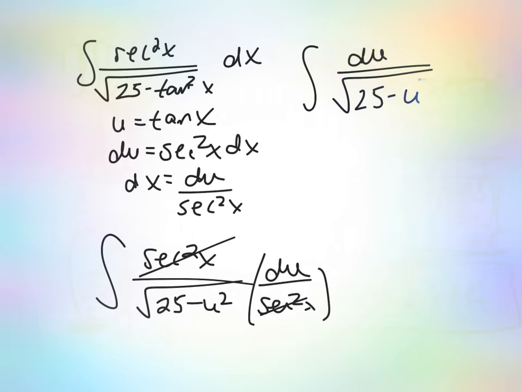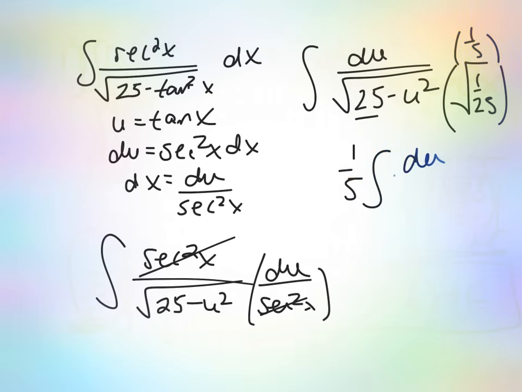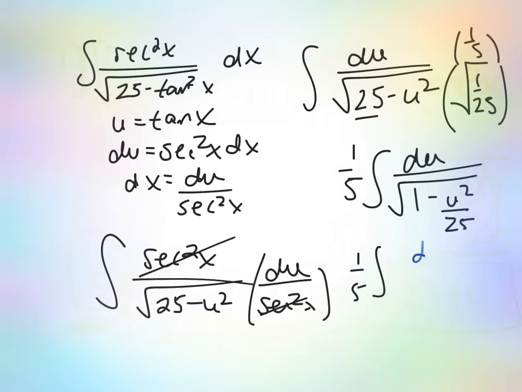the square root of 25 minus u squared. But to match the sine form, this has to be 1, so as we did on the previous slide, 1/5 integral du over the square root of 1 minus u squared over 25, but we know that u squared over 25 becomes u over 5 squared.